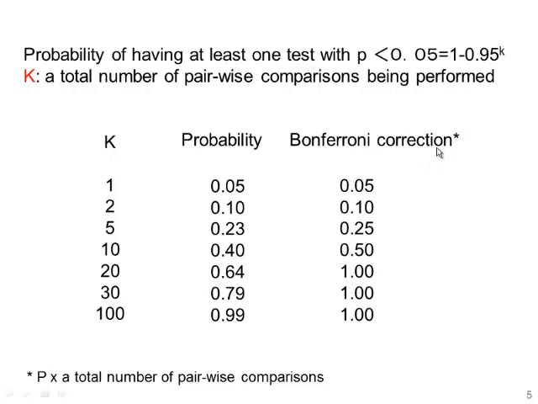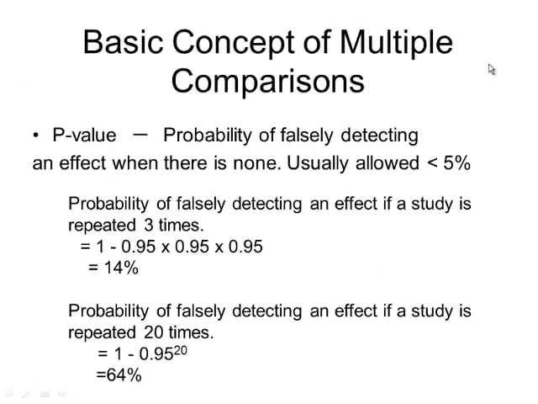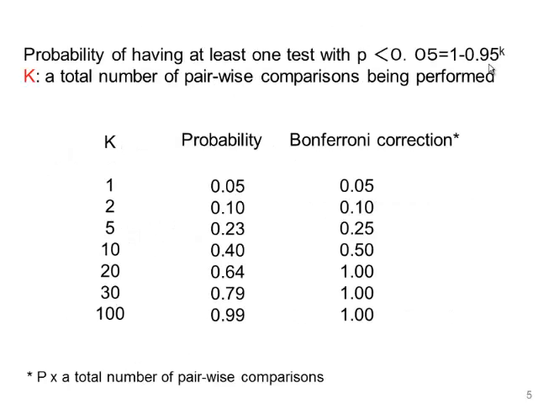But if you like math, if you want to derive it using a formula, this is the formula we used in the previous lottery ticket example, in order to more accurately compute the probability of detecting at least one test being significant: you do 1 minus 0.95 to the power of k.